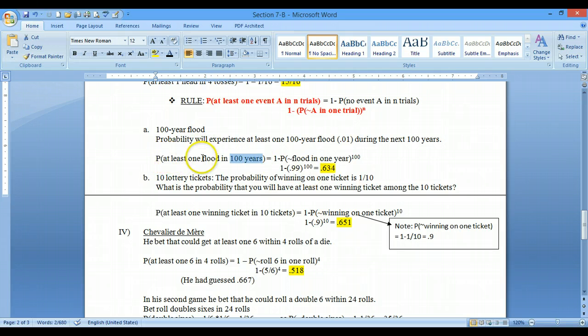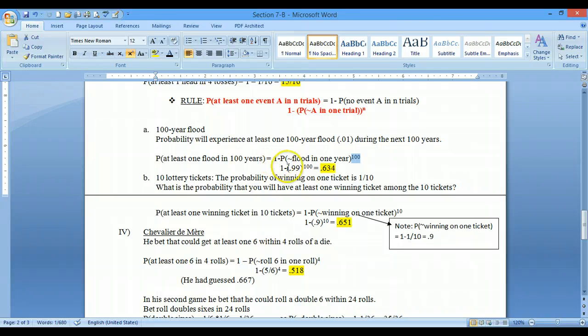The probability of at least 1 flood. Now I want the probability of not a flood because it's the probability of not A in 1 trial. So the probability of not a flood in 1 year, we take the opposite, or 1 minus the 0.01 gives me 0.99. That's the not part. Now I need to raise it to the n number of trials, or 100 years.